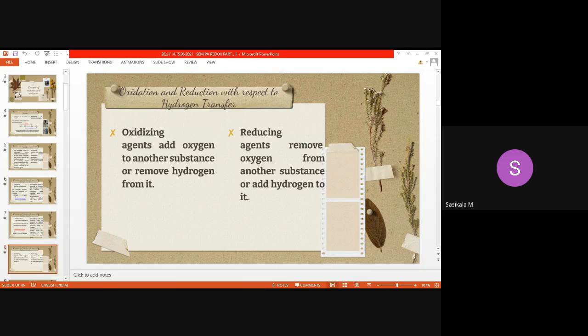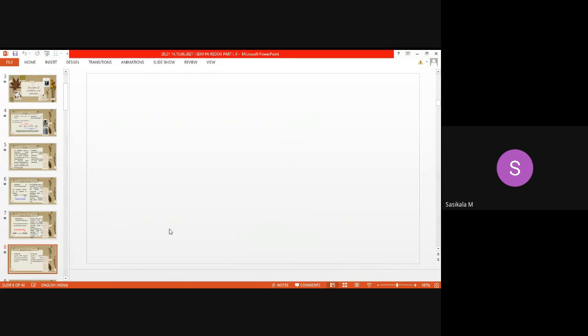If oxygen is removed, then it is reduction, where hydrogen will be added. Hydrogen represents the reduction reaction, oxygen represents oxidation. Where oxygen is added, it is called oxidation. Where hydrogen is added, it is called reduction. That is the difference. Hope others will also be clear about this concept.